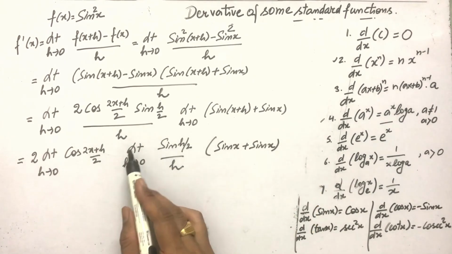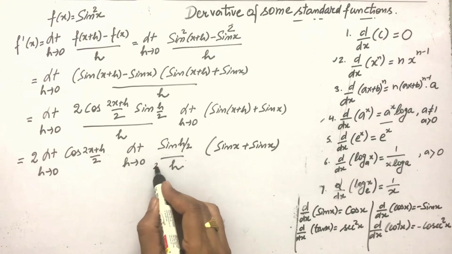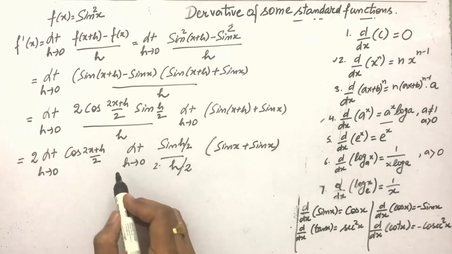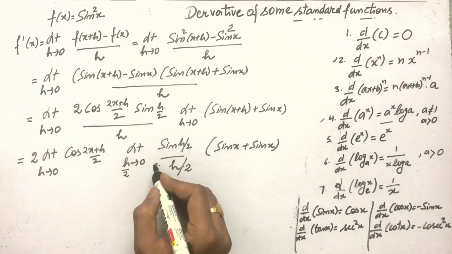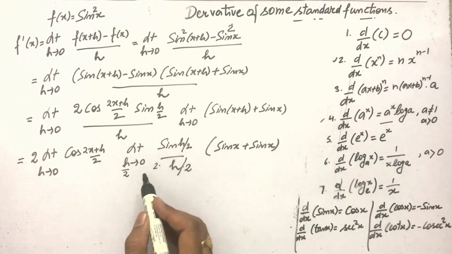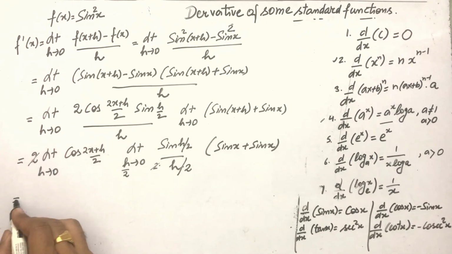And here you see how can we make the perfect formula. We have to multiply by 2 and divide by 2. And also, as h tends to 0, h by 2 also tends to 0. So this is 1, and we are left with this 2, which will cancel with this 2. Let us see what we are left with.